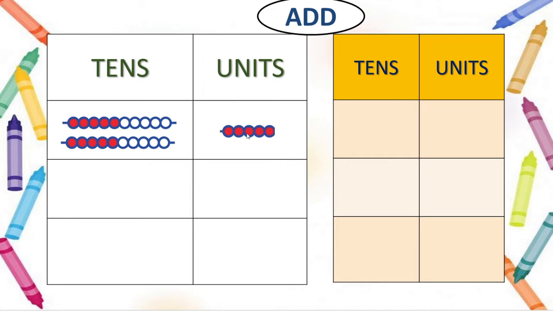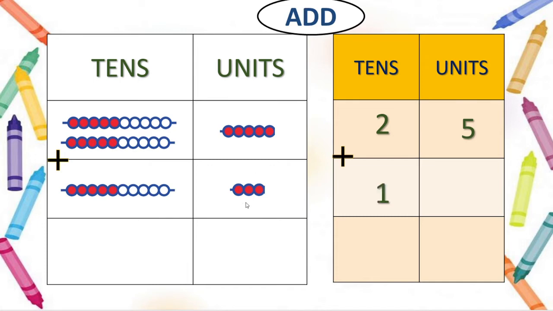How many units? See, 1, 2, 3, 4, 5 units and 2 tens. Let us write here 2 tens, 5 units. Correct? Plus, okay, how many tens and how many units? Yes, 1 ten and 3 units.